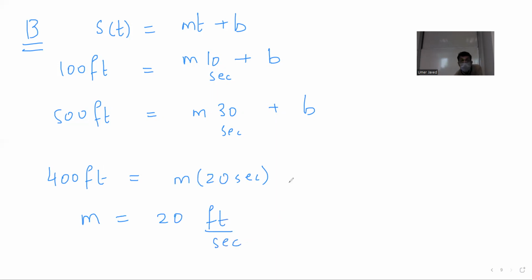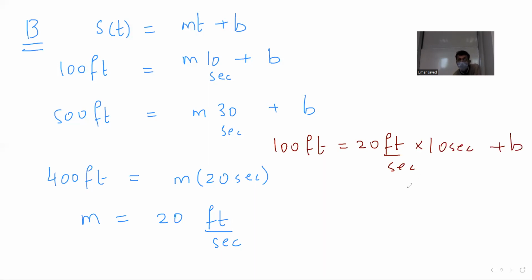And then you start substituting. You can plug it into any one of the equations. So we have 100 feet equal to 20 feet per second, any equation of your choice, multiplied by 10 seconds plus b.